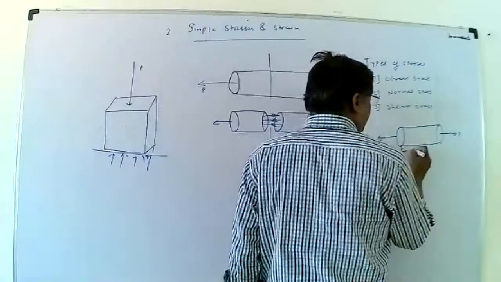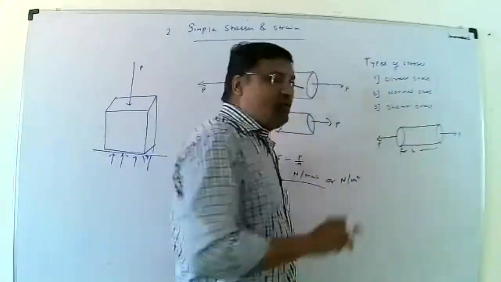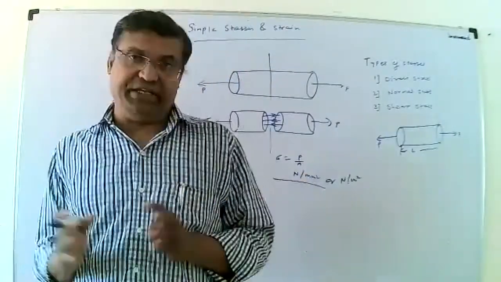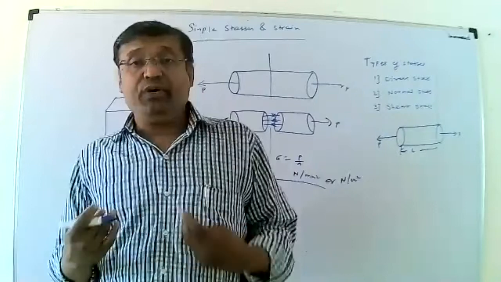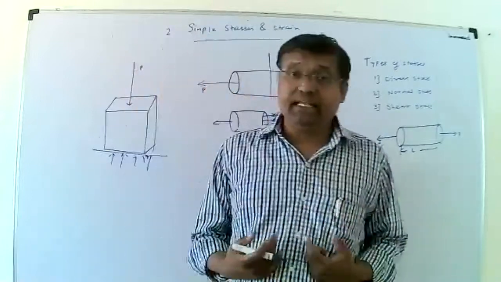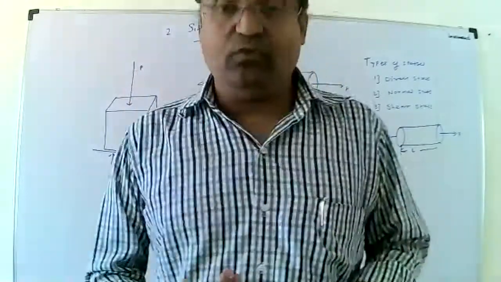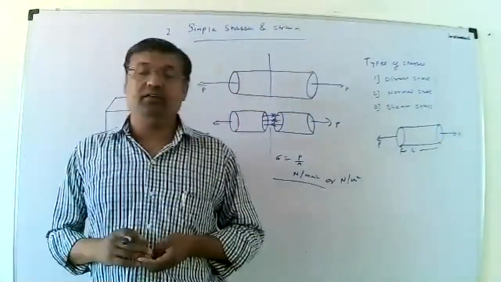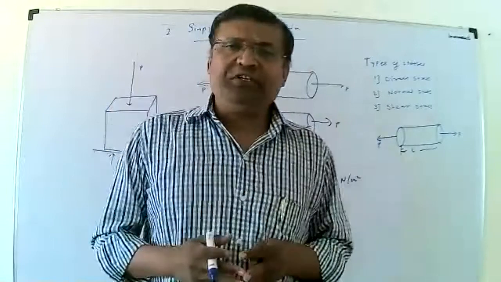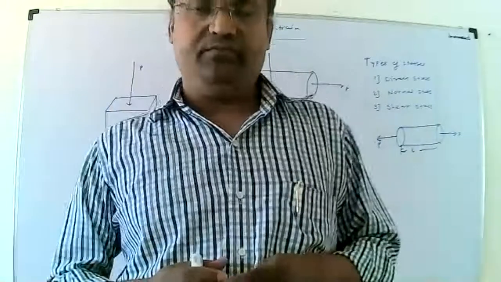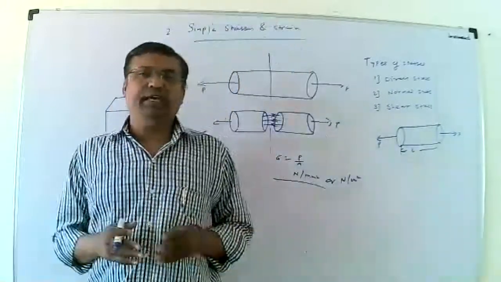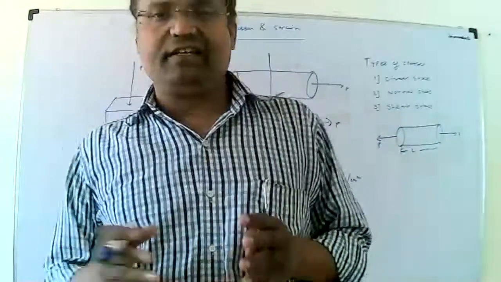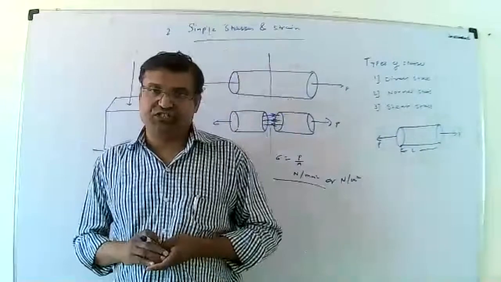Suppose this is the original length. The length will be extended. If equal and opposite tensile or pull forces act on that specimen, there will be a change in length. The stress induced, such a kind of stress, is said to be tensile stress.